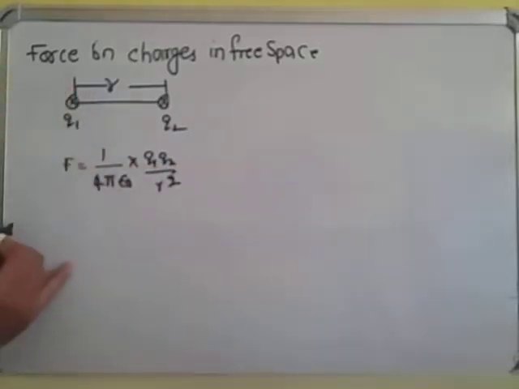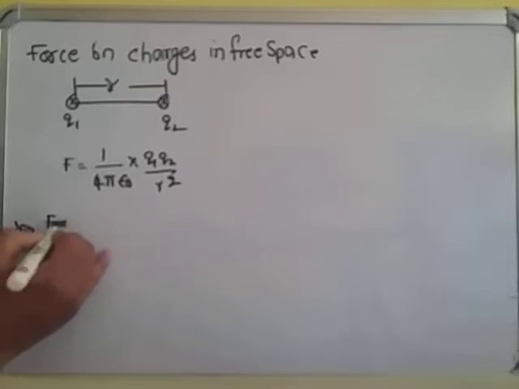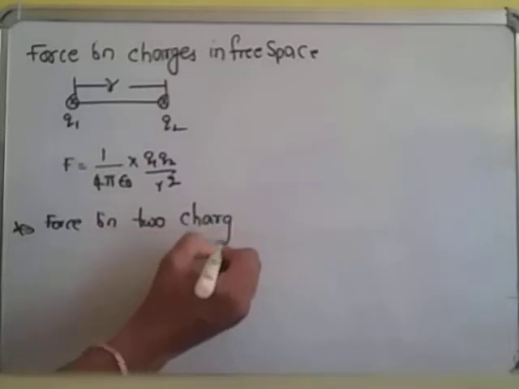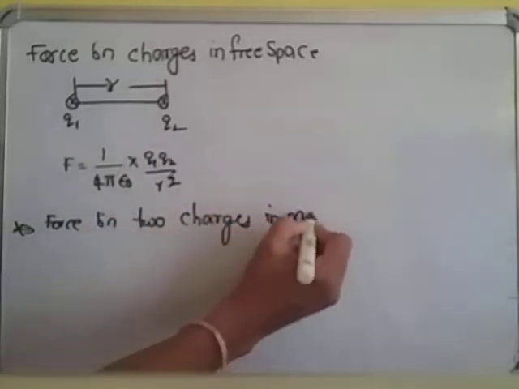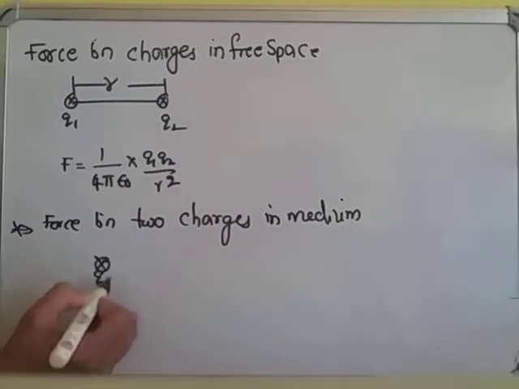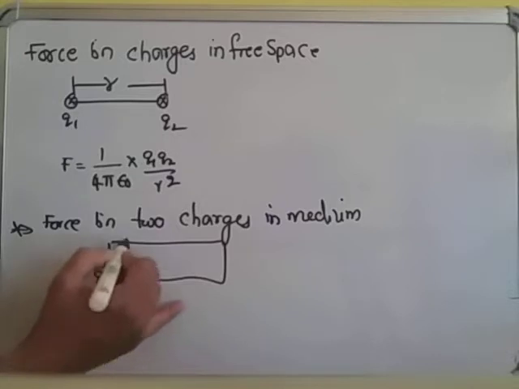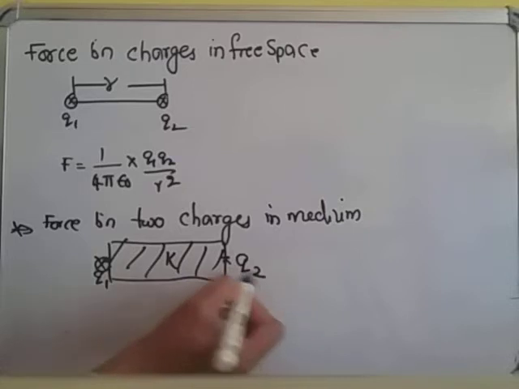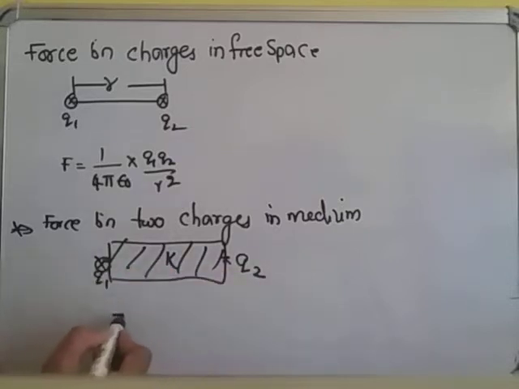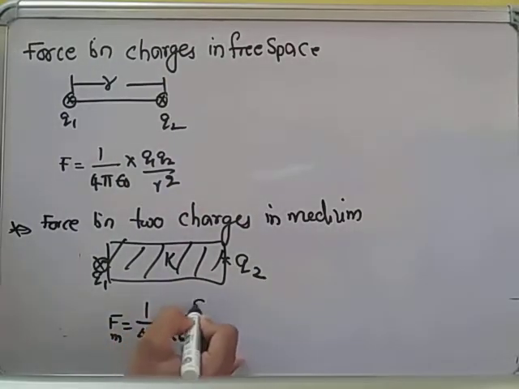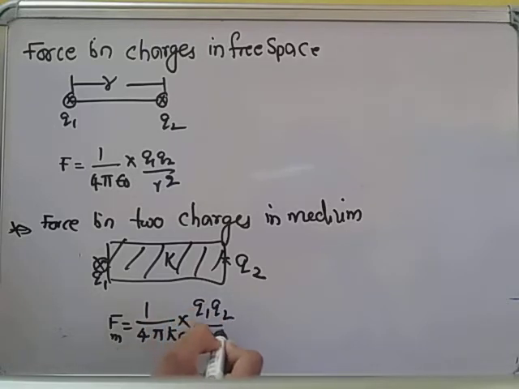If these two charges are placed in a medium, the force between two charges in medium, that medium's dielectric constant we can consider as K. Now the force between these two charges in the medium is 1 by 4 pi K epsilon naught into q1 q2 by r square.